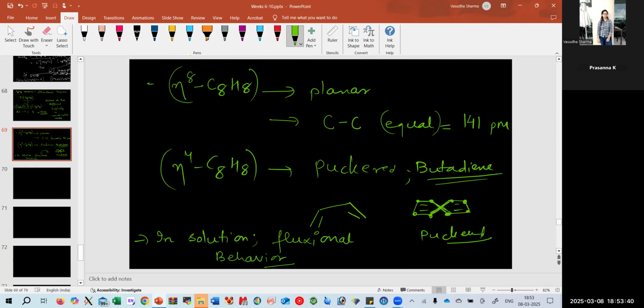Because of that, if we record an NMR at, say, room temperature, and the fluxional behavior is very fast, you won't be able to identify which centers are coordinating with the metal and which are not. So it would give you an average environment.